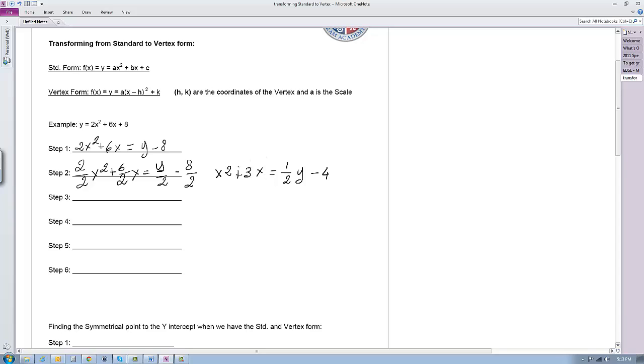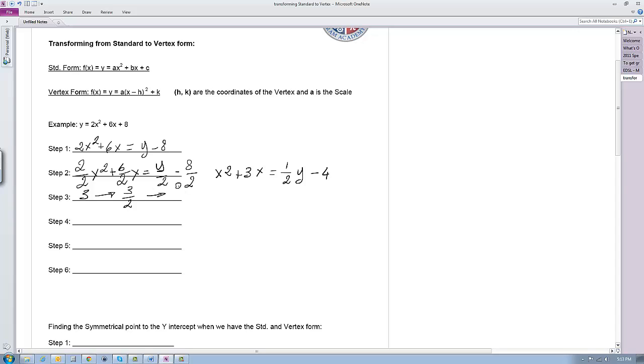The next step is to focus our attention on the second term, the coefficient of x. We are going to isolate that coefficient and divide it by 2. So we divide the coefficient by 2 and we obtain 3 divided by 2. And then we are going to square this coefficient.